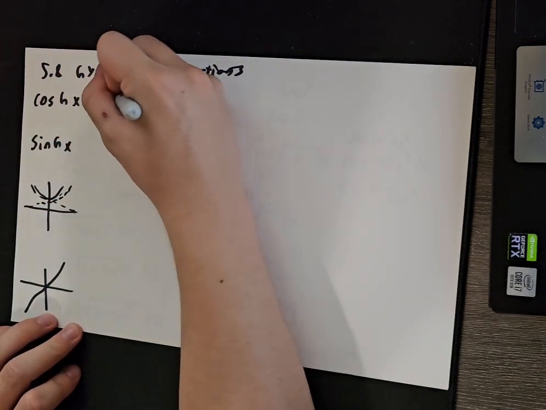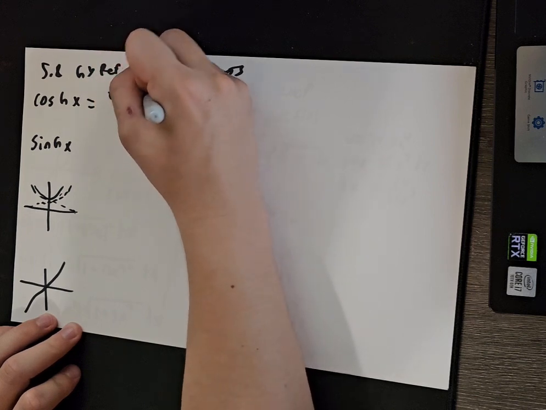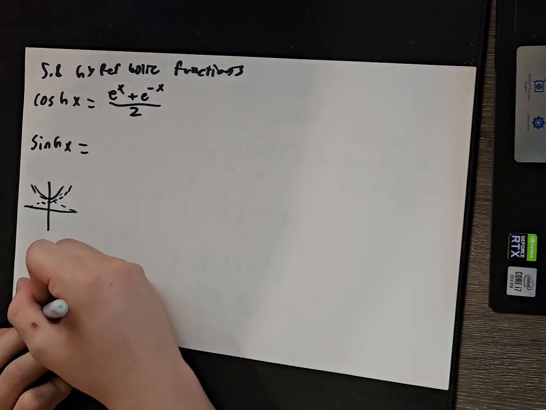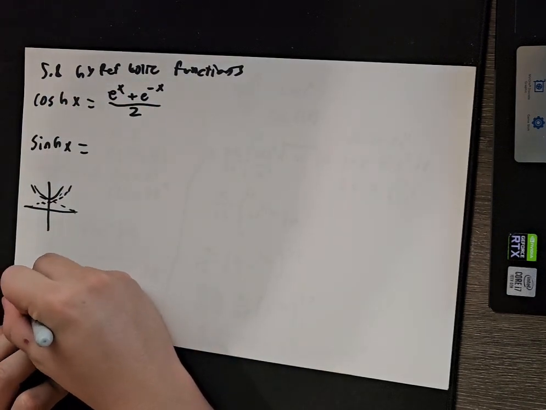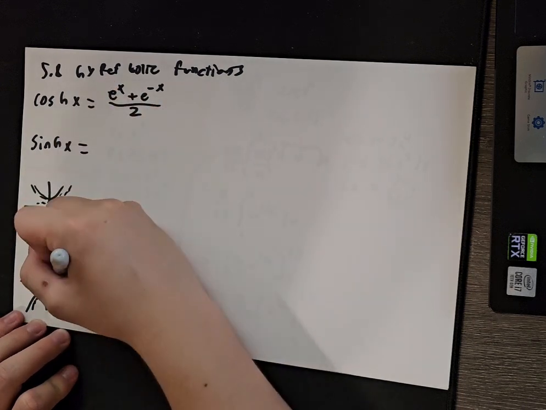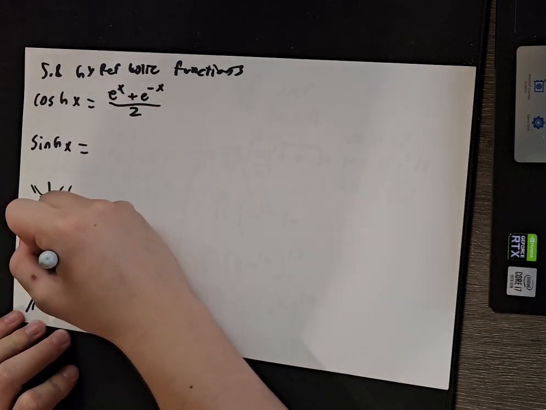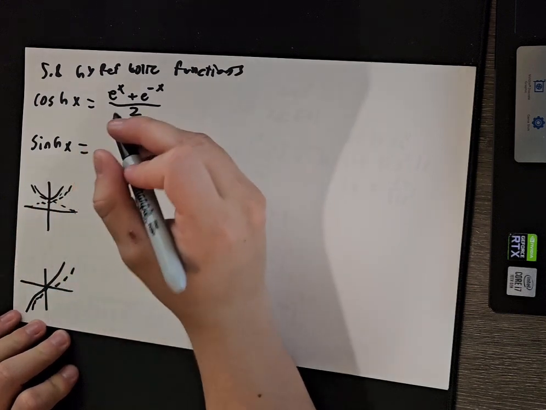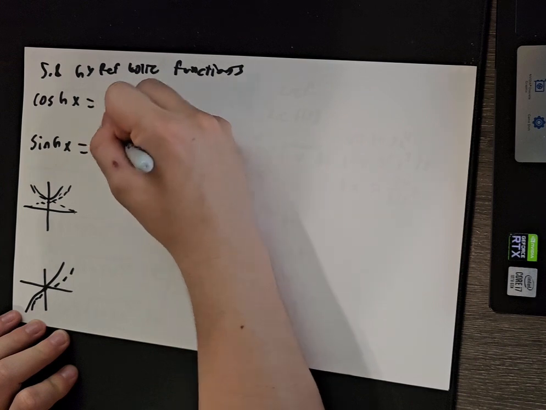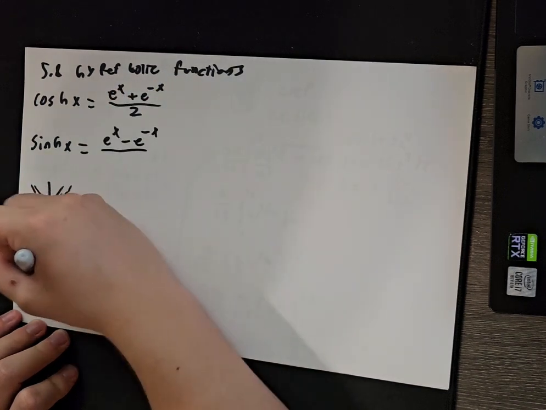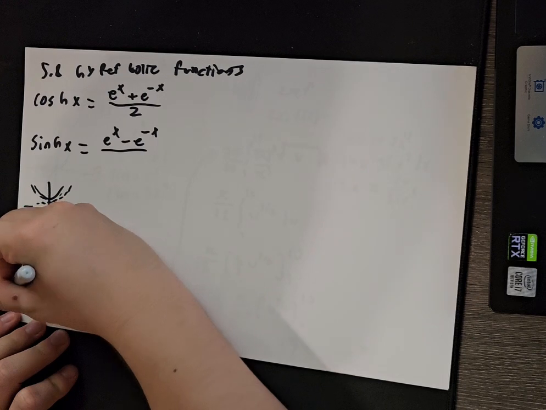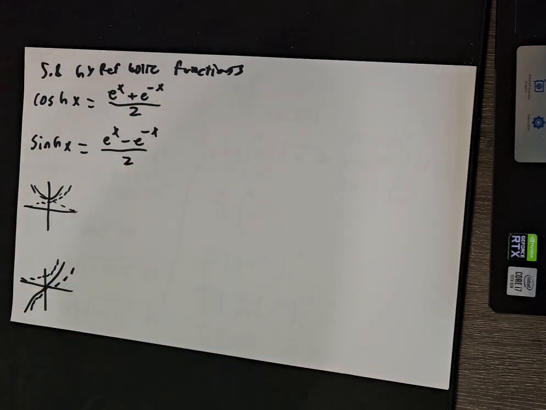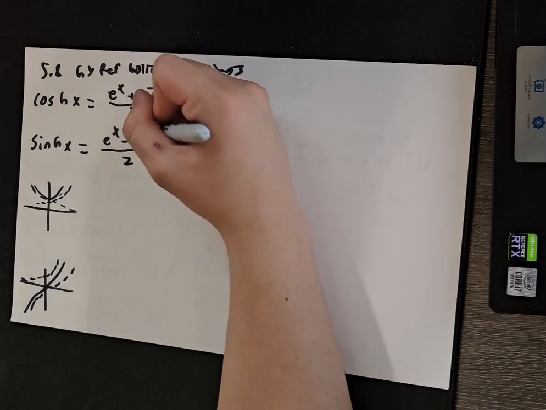So it equals e to the x plus e to the negative x over 2, while sine h is similar, but it equals e to the x minus e to the negative x over 2. So these are the two main functions.